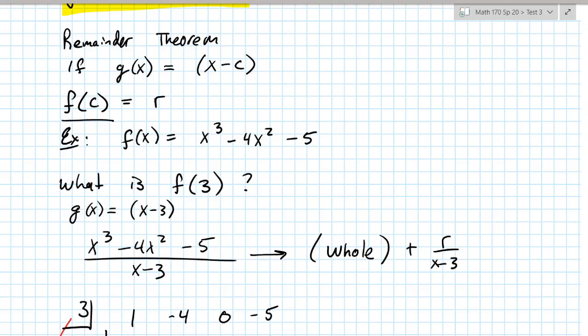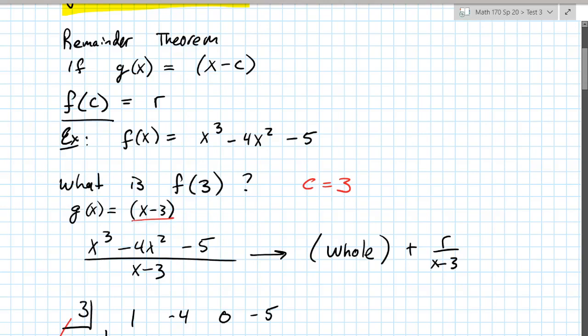So the c that we're interested in is 3, and we write g of x, that linear term, as x minus 3.